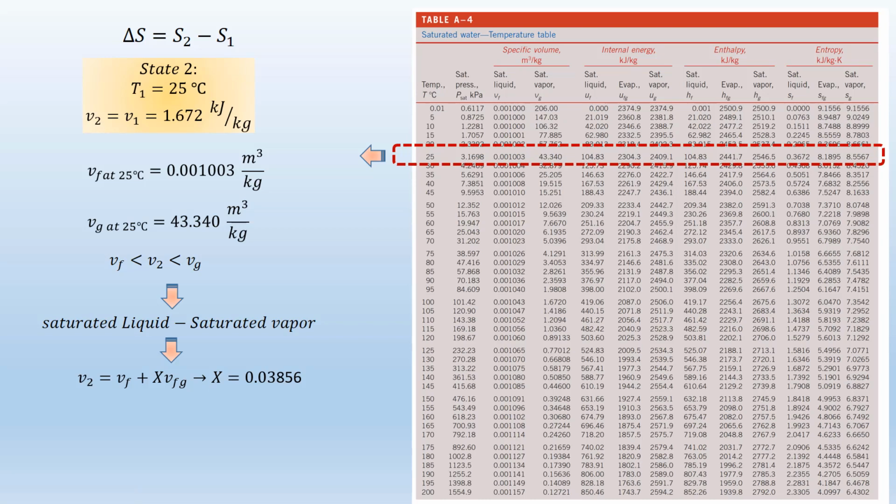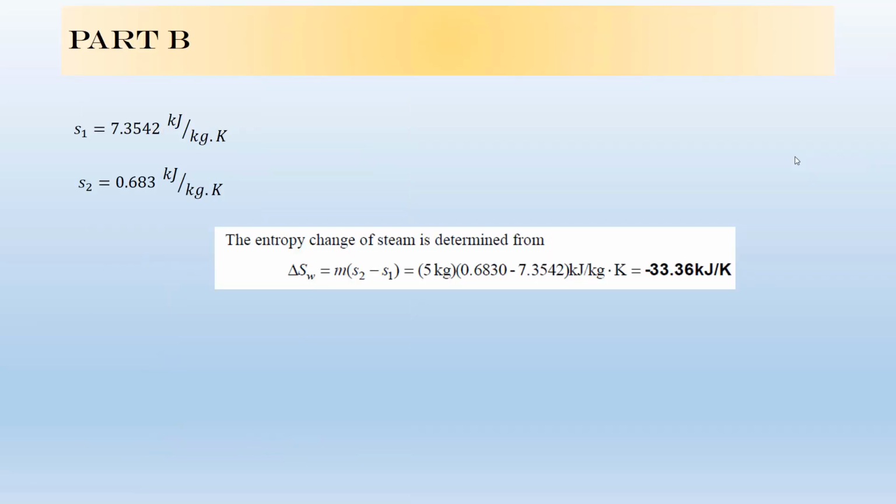Now that you have x, you can write S2 equals s_f plus x times s_fg. You have s_fg and s_f in this table, and then you can simply find S2. So this is S2. Now you have S2 and S1, you can simply calculate the ΔS. So from here, the ΔS for the system is negative 33.36.